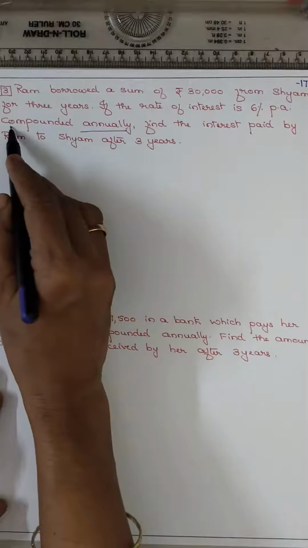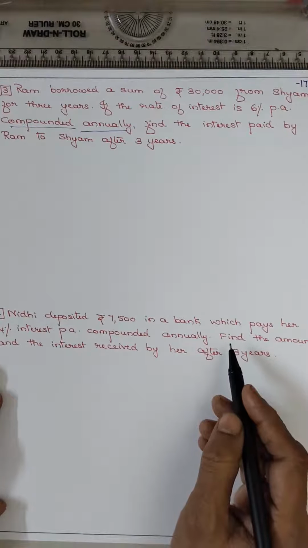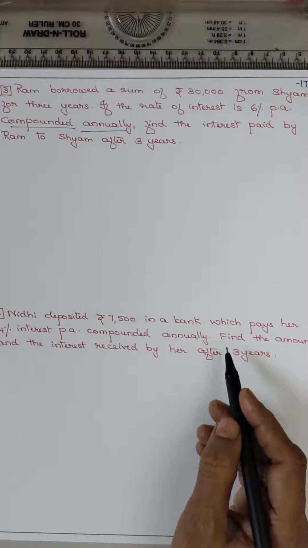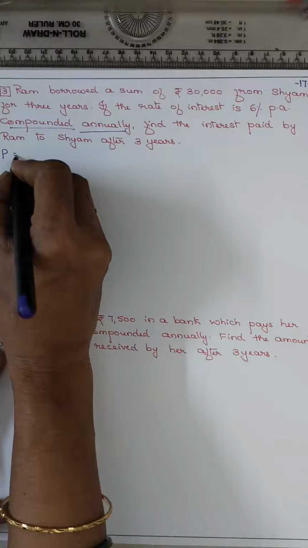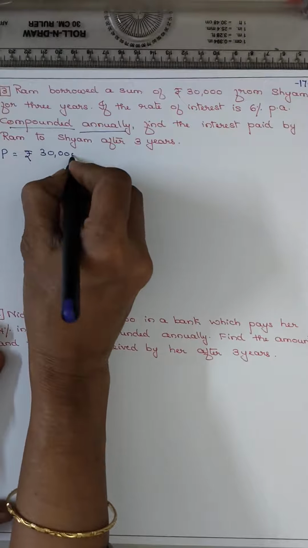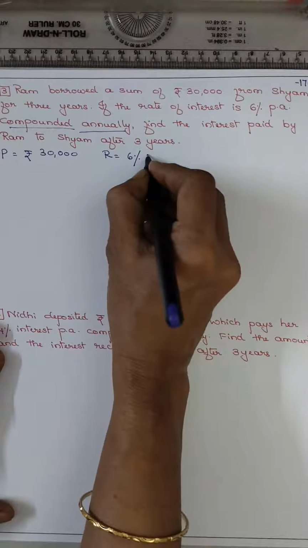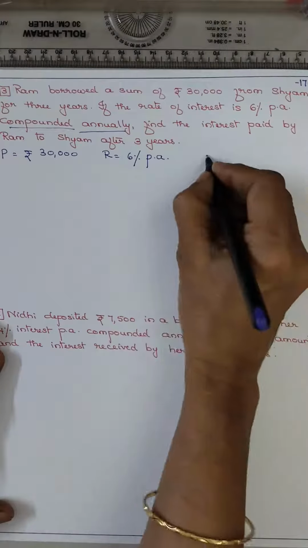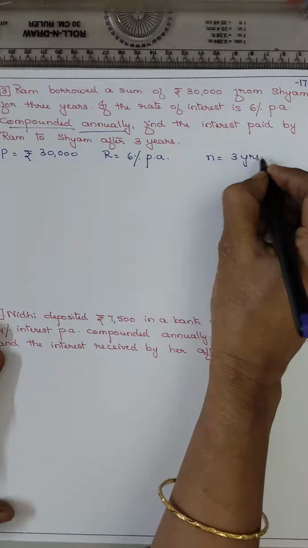Interest compounded annually means CI, isn't it? After 3 years. So principal is how much? Rupees 30,000. R is how much? 6% per annum. N is equal to 3 years.